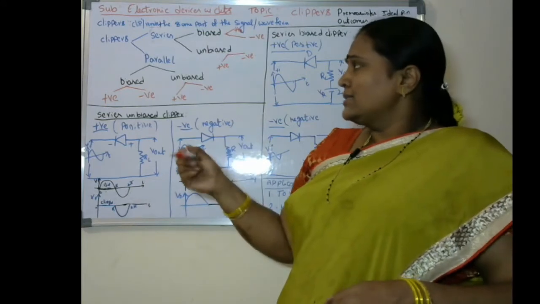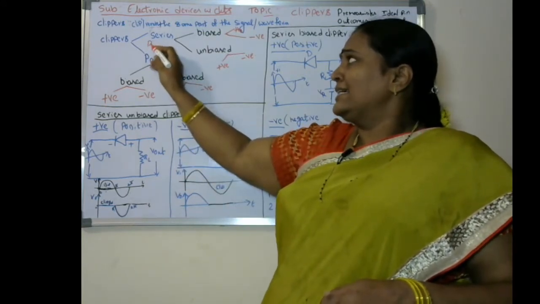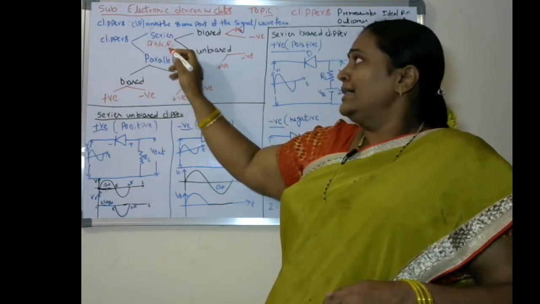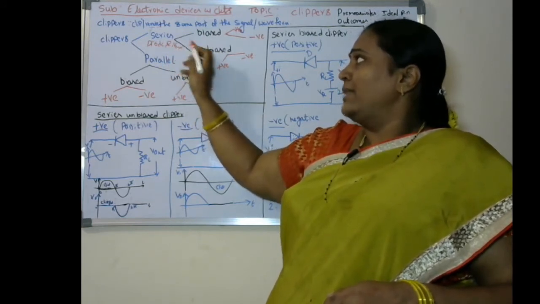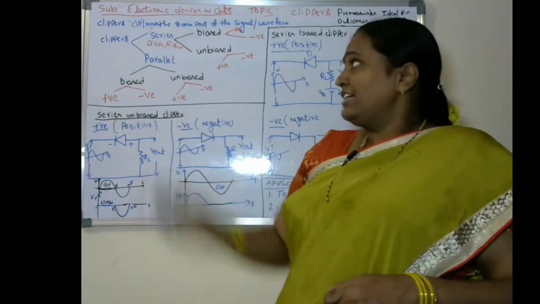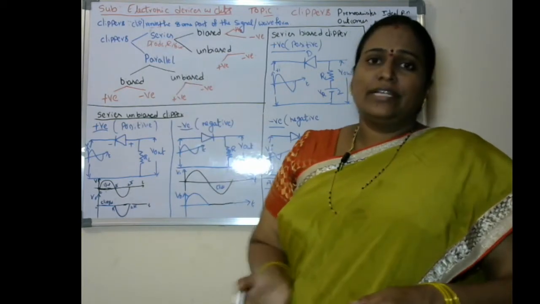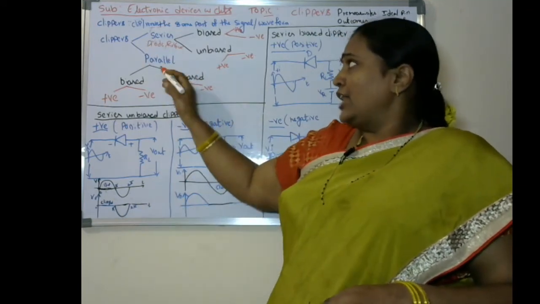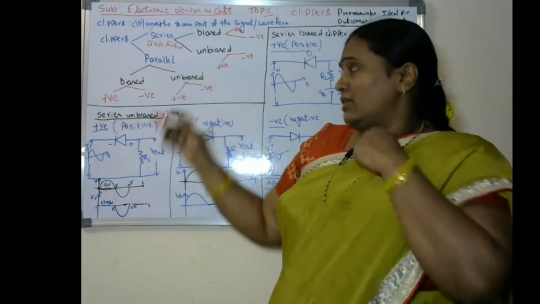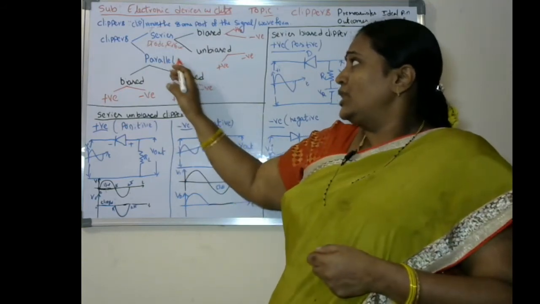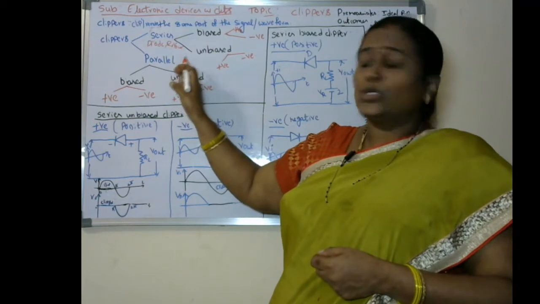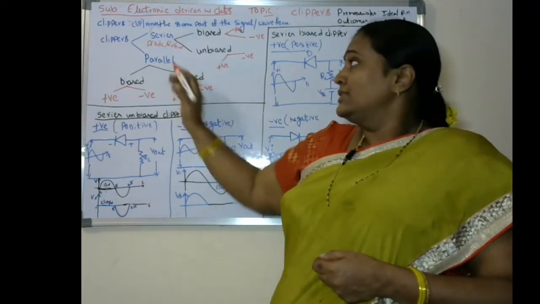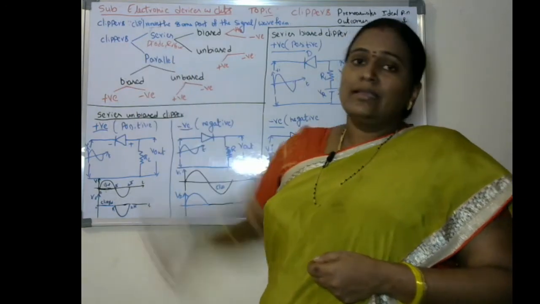We already discussed how the diode is connected with respect to the resistor and the output voltage measurement. Depending upon that, if the diode is in series format, it is called a series clipper. Otherwise, if the diode is connected in parallel with respect to the load resistance and the output voltage, then it is called a parallel clipper.